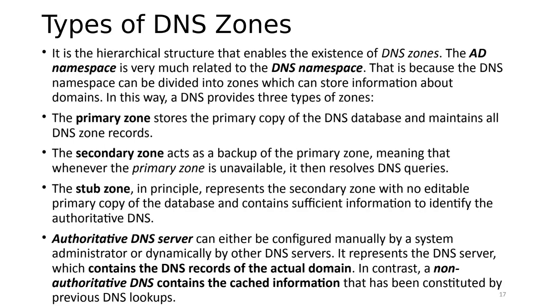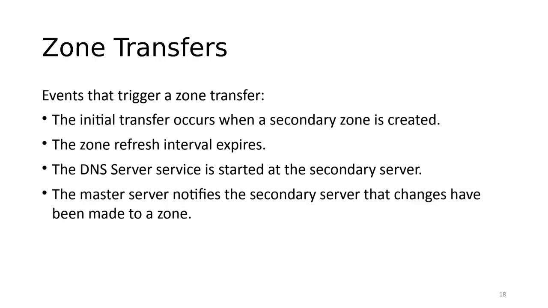The types of DNS zones: we have primary zone, and we have secondary zone, and authoritative server. Now the DNS zone transfer: you need to make sure that the zones in each DNS server are the same. So you need to do copying. We call copying in DNS zone transfer.